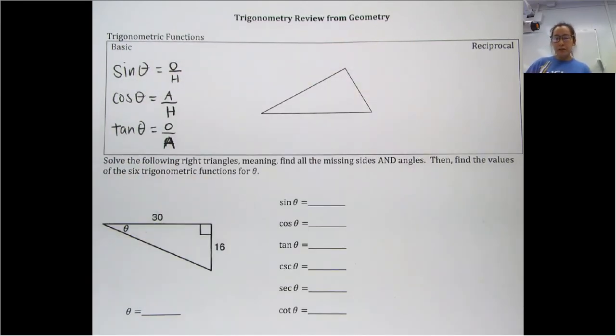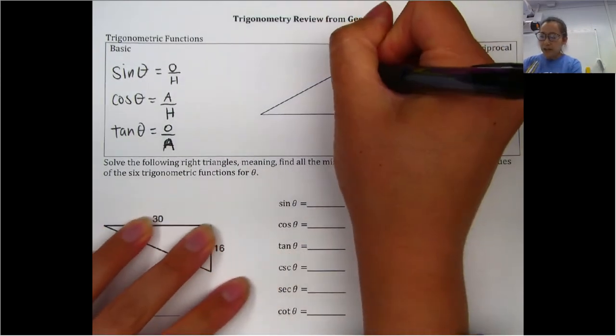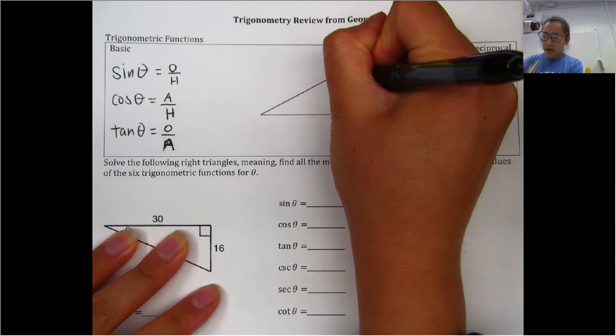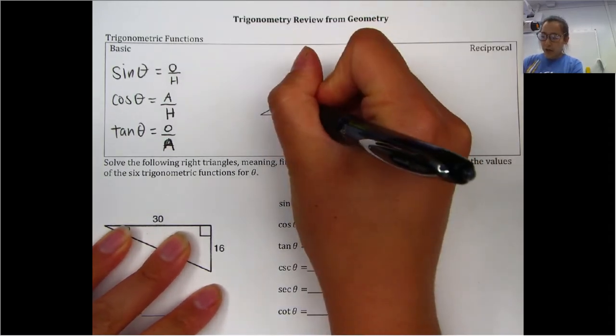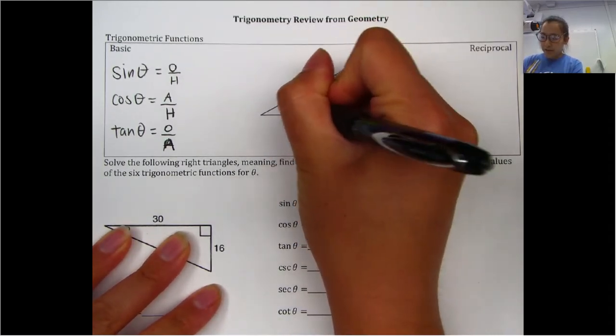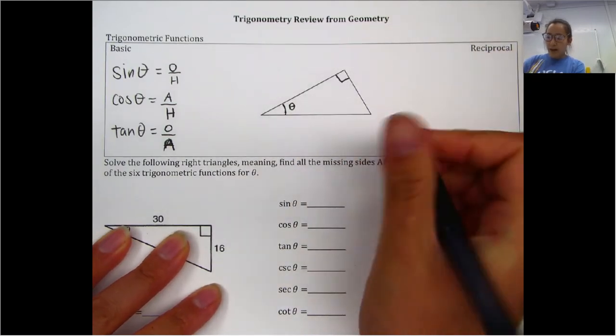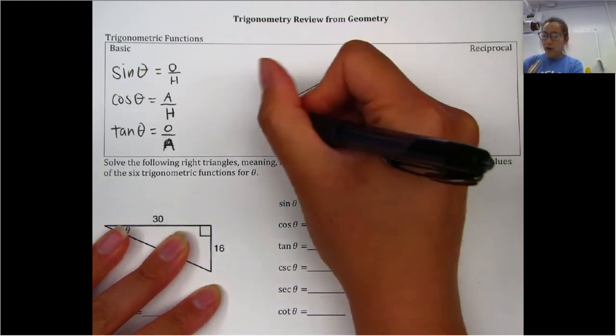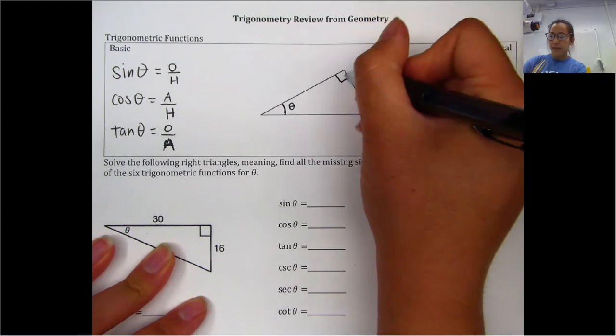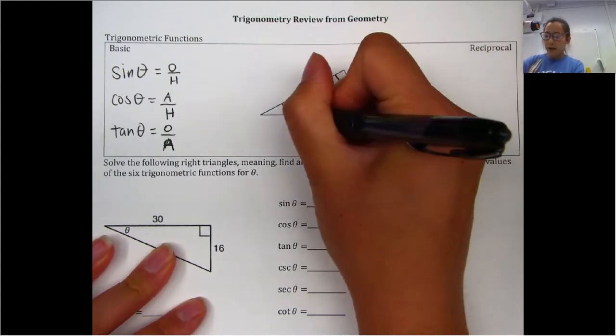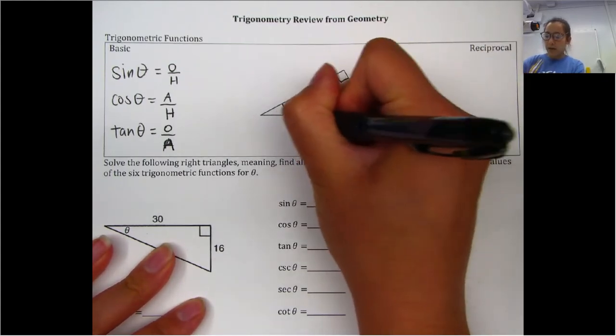You should already know this, but if you don't know what opposite and adjacent mean, we're in a right triangle and you have some angle theta. The hypotenuse is generally always the longest side, the side opposite of the right angle. So this is the hypotenuse.